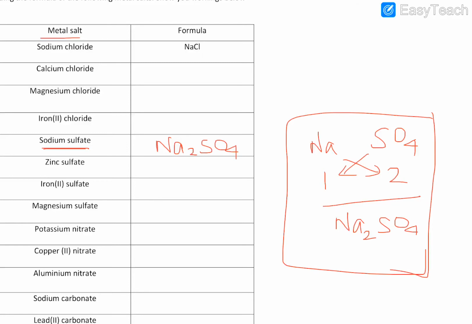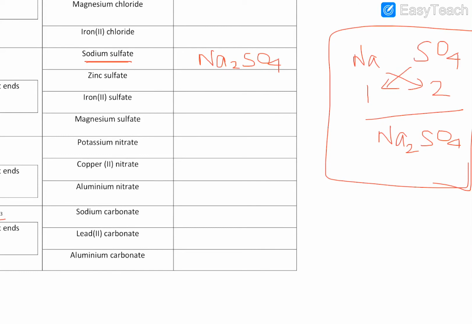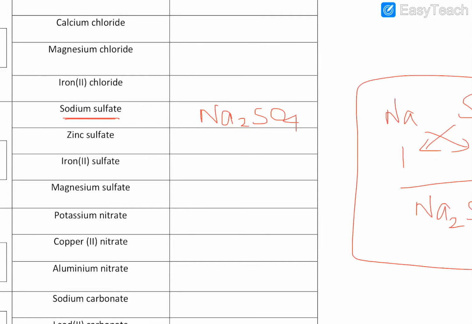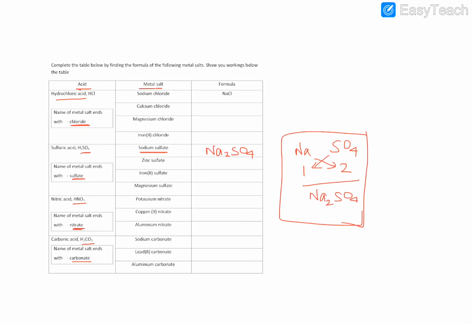If the subscripts are wrong, you will not score for that formula, right? And it's very important, for those going for assessment, that subscripts are written properly. So make sure you fill in that table and that you get the subscripts right. Okay, so thank you.